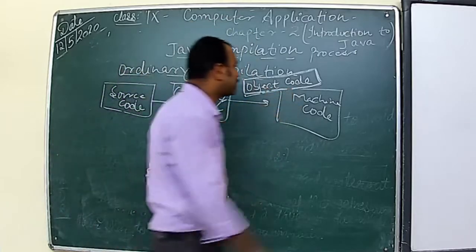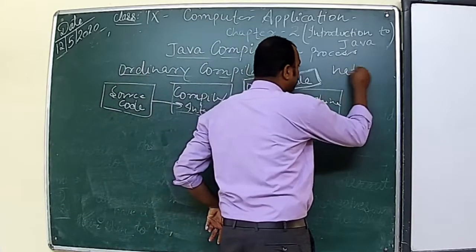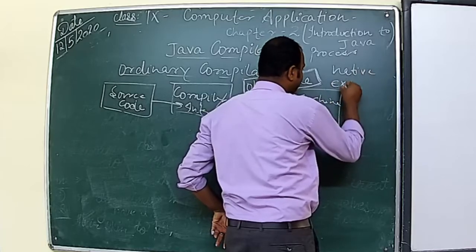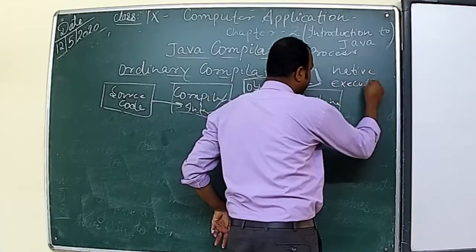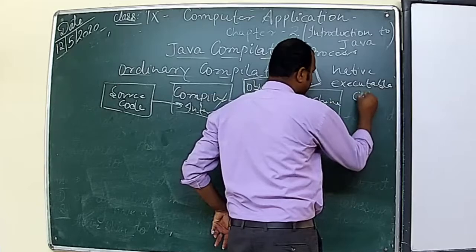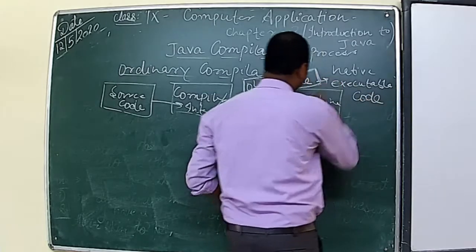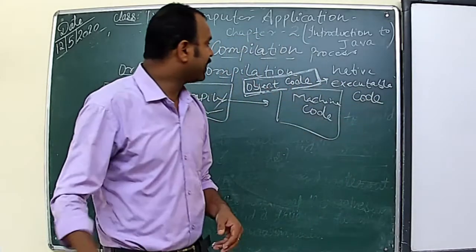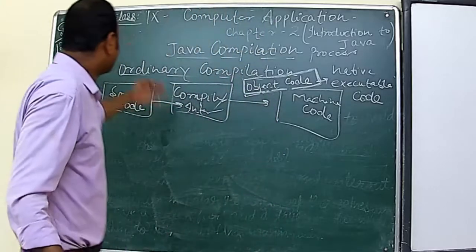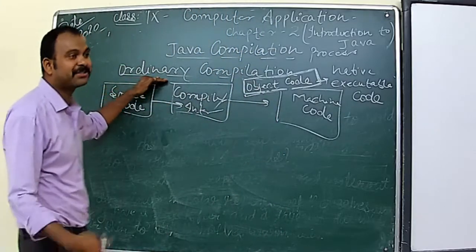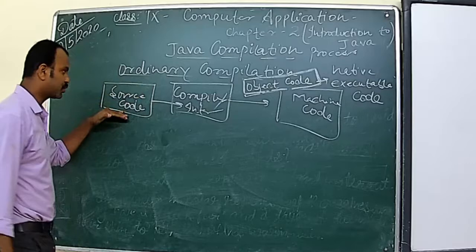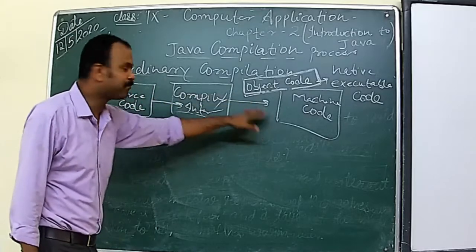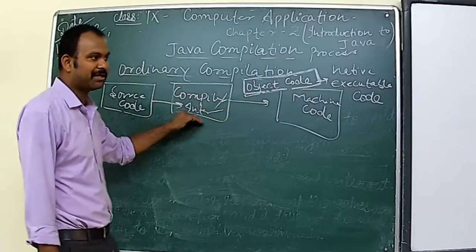Object code or native executable code. So this is how the ordinary compilation process happens. Source code is converted into machine code with the help of a compiler or interpreter.